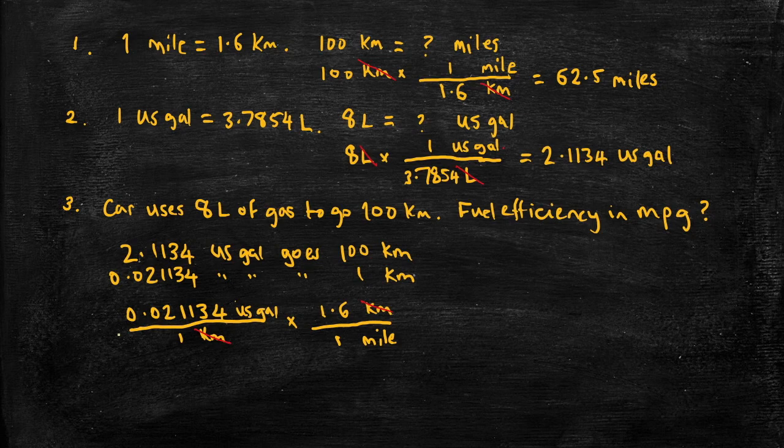And the numbers that we have to calculate with, we've got 0.021134 times 1.6, and that comes to 0.0338144.